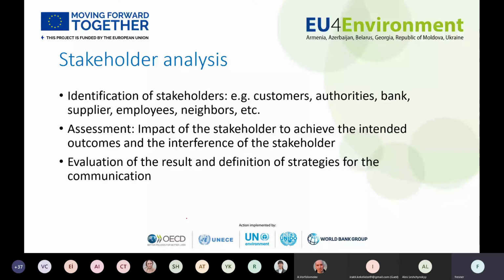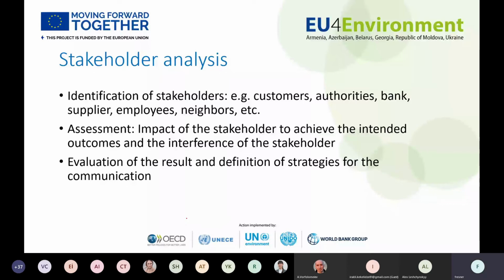And then finally, and there are already some suggestions on the whiteboard you will be working on, what could be strategies, how to involve them, how to deal with these stakeholders. Because focusing now on the environment, the expectations of the stakeholders towards how we should act towards the environment definitely will require certain strategies from us as an enterprise.